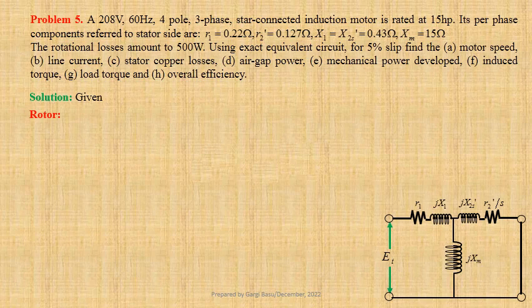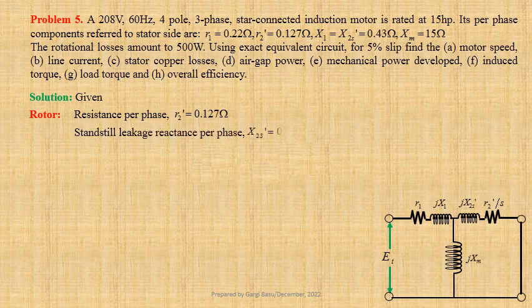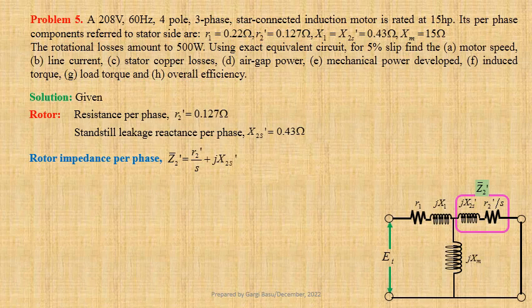For rotor winding, resistance per phase referred to the stator R2 dash equals 0.127 ohm and standstill leakage reactance per phase X2S dash equals 0.43 ohm. For a value of slip S, expression for rotor impedance per phase referred to the stator Z2 dash equals R2 dash by S plus jX2S dash.